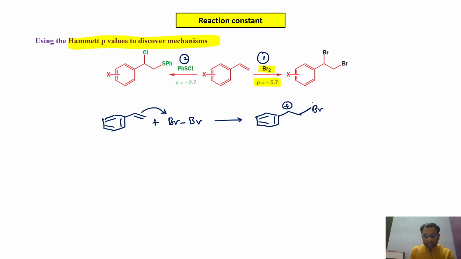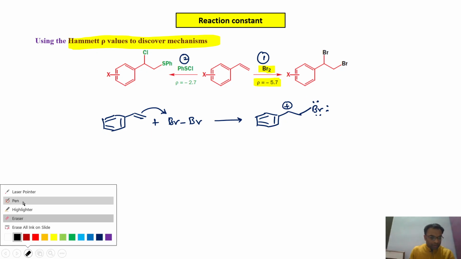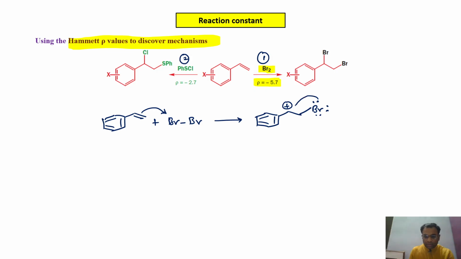This carbocation is formed, which can be easily attacked by the adjacent bromine atom to form a cyclic bromonium ion.